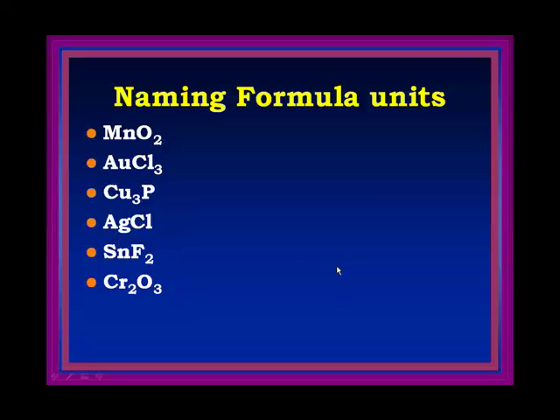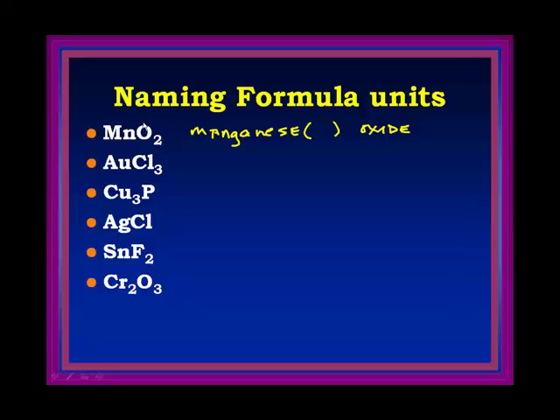Okay, so this is probably going to be the most challenging for some of you, naming these formula units, because we don't know what the charge is. So if we take a look here, we've got manganese and then O2. You always name the metal first. Manganese. And since manganese is a transition metal, I know I'm going to need parentheses for my Roman numeral. And the O2 is called oxide. Now I have to figure out what my Roman numeral is.